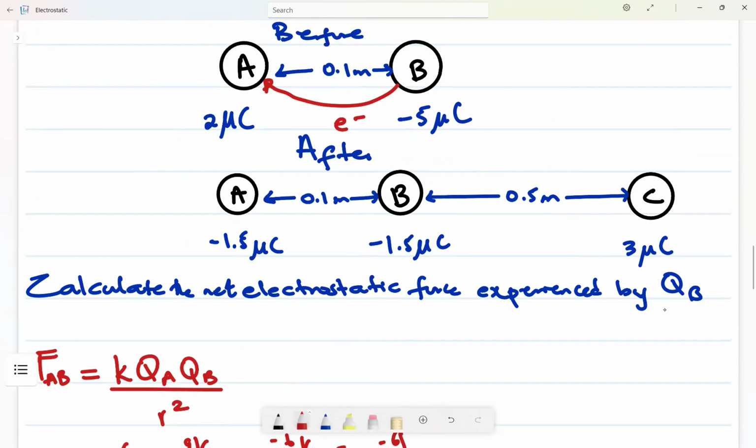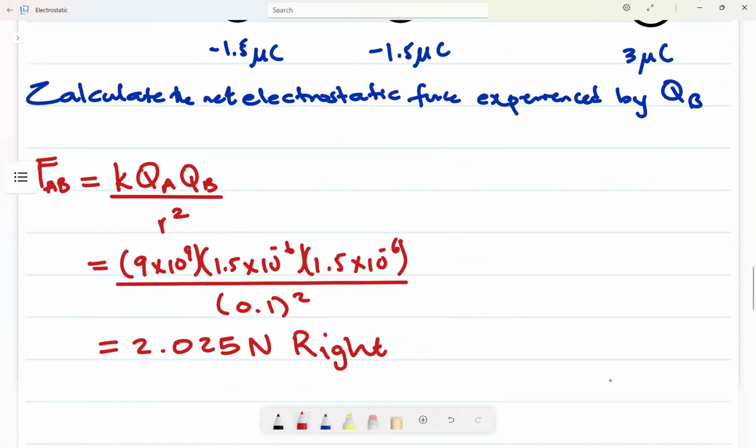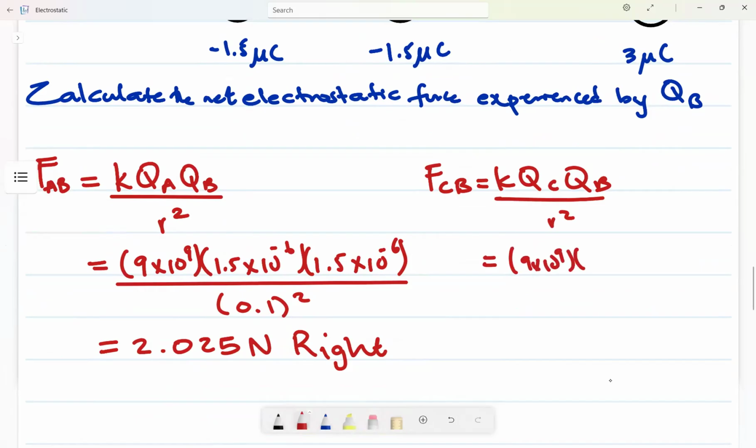Between B and C, they're going to attract. So B will move to that side, C will move to that side. We are concerned about B. B will move towards C. So now let us calculate the force that C exerts on B. It should be K Q_C Q_B divided by R squared. Q_C is 3 times 10 to the power of negative 6. Q_B is 1.5 times 10 to the power of negative 6.